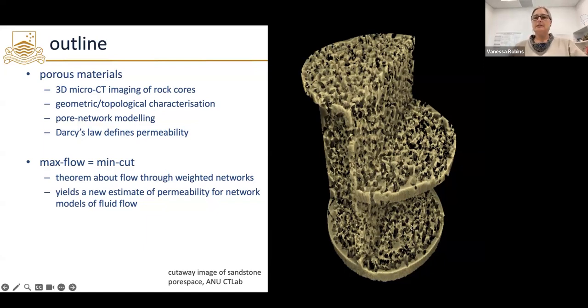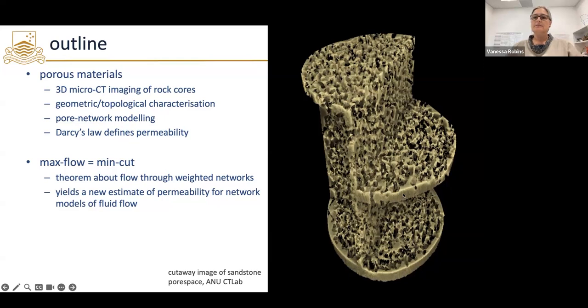So this image here is an example of the small cylindrical core sample that my colleagues take out of a large rock, and they put it through an X-ray CT machine, and what they're rendering here is actually the pore space.